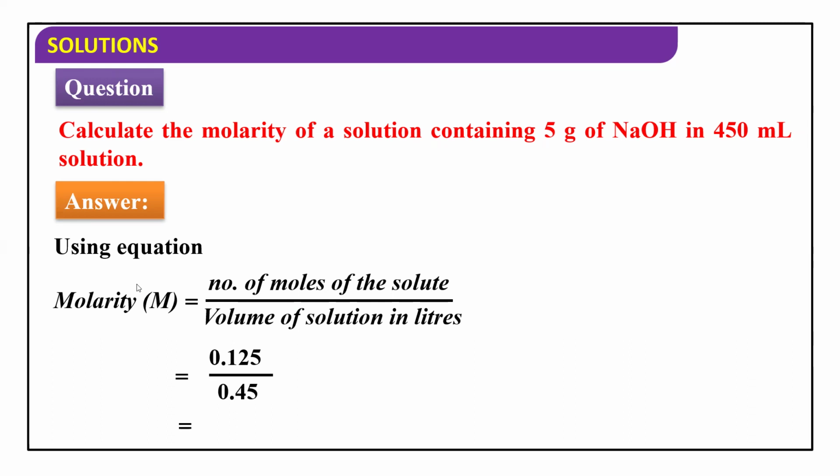Find out fast and let me know the answer with at least two digits after the decimal. What is the value you are getting, students? Some of you have got 0.27. Very good. So the answer is 0.278 molar. This is the molarity value for the given question.